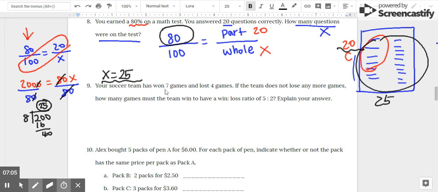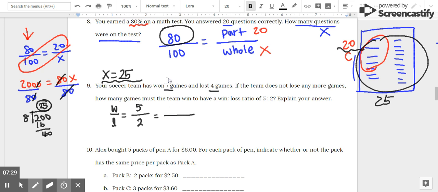Number 9. Your team won 7 games and lost 4 games, and they're not going to lose any more. How many games must the team win to have a win to loss ratio of 5 to 2? So win to loss should be 5 to 2, right?